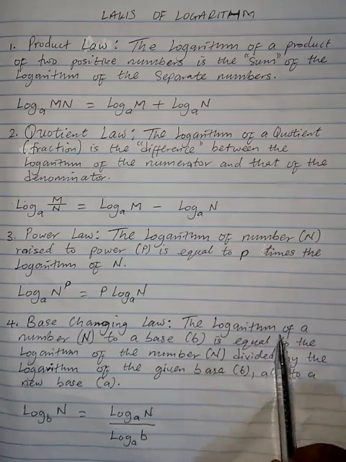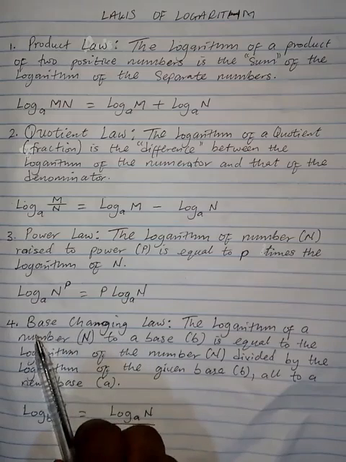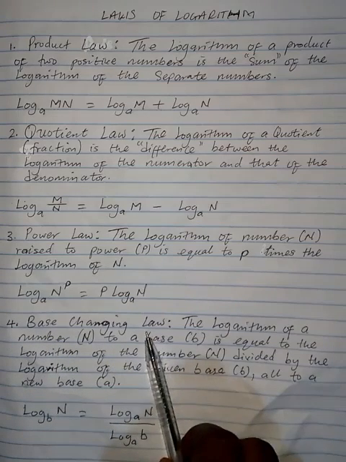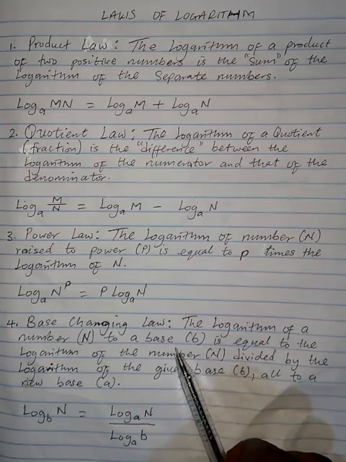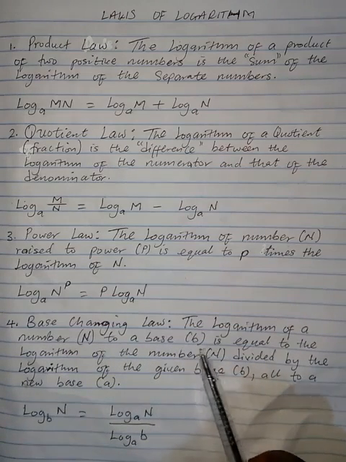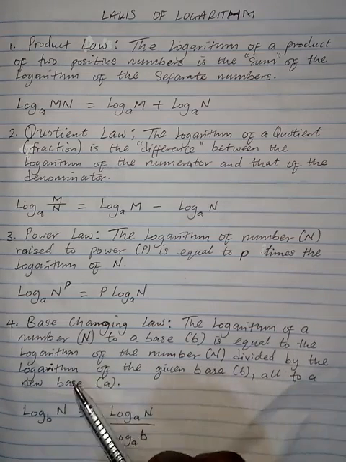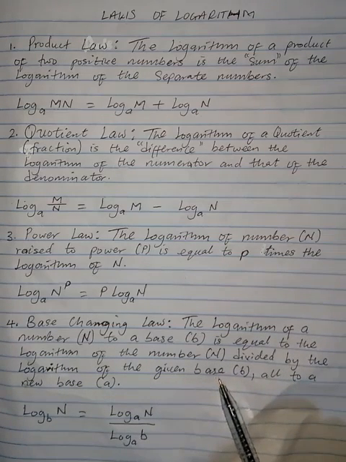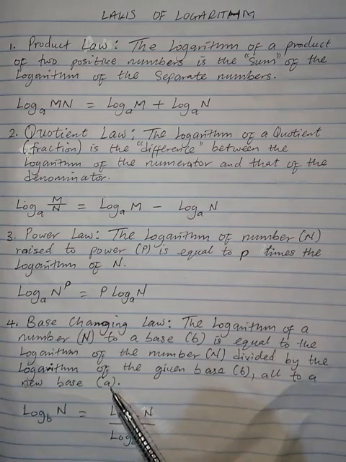Then we can now cite examples under this tutorial. Now, the base changing law is the next one: the logarithm of a number n to a base b is equal to the logarithm of the number n divided by the logarithm of the given base, all to the new base a.